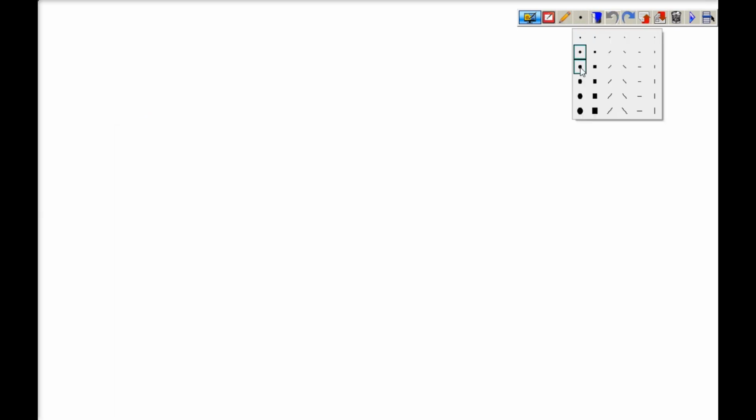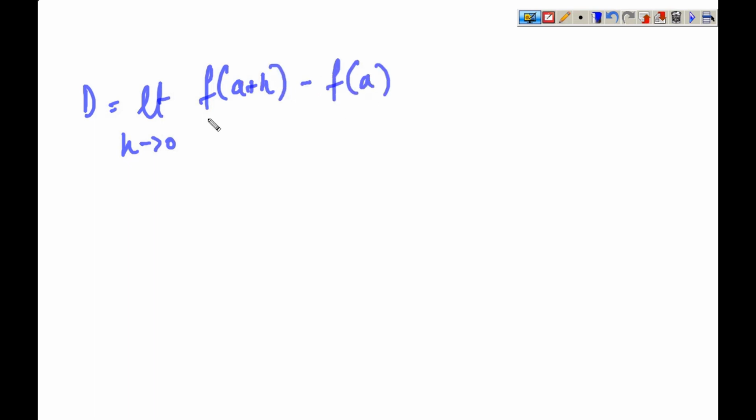The derivative is given as limit h approaches 0 of f of a plus h minus f of a, divided by h.